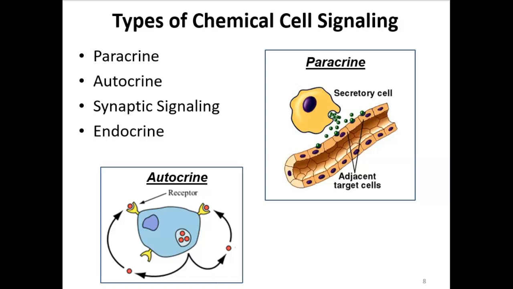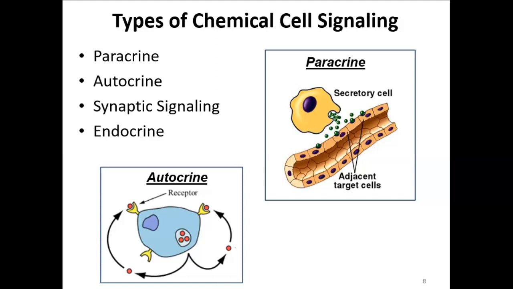That ligand does not have to travel a great distance to get to the target cell, which has receptors for it. In this case, the ligand will just diffuse from an area of high concentration to an area of low concentration. You can see that the concentration or strength of the signal would not diminish much because the 2 cells are so close together.